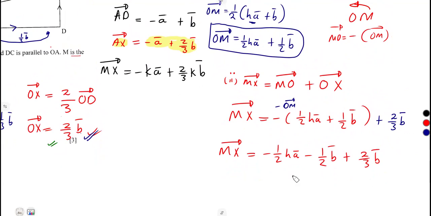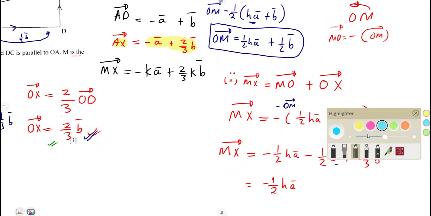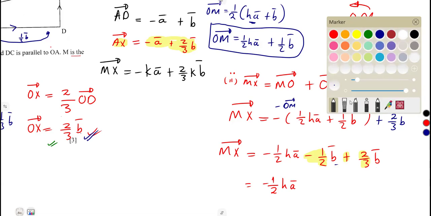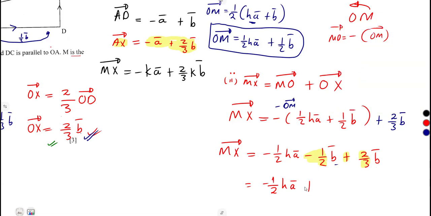And with this, collecting our like terms, we're going to have minus half HA, then the vector B and vector B. That part is where you consider the like terms. So you work with the coefficients. Minus 1 over 2 plus 2 over 3, you add that. All right. So that was going to give us 1 over 6 of what?